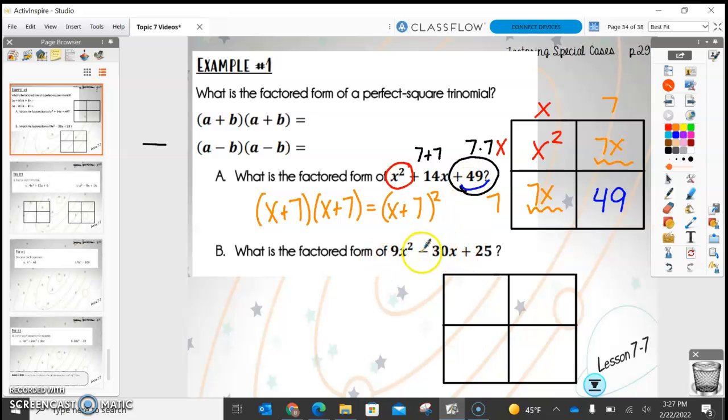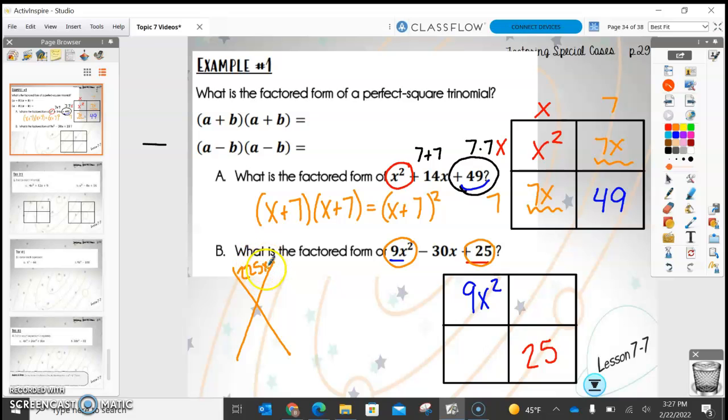So now, if we look at part B, notice that 9 is a perfect square and 25 is a perfect square. Again, if you didn't see this pattern, there's nothing wrong with just doing the same old thing: 9x squared in the top box here, 25 for your bottom right box. Because this doesn't have an a value of 1, we could use our diamond, and we need 9 times 25, which would be 225x squared.